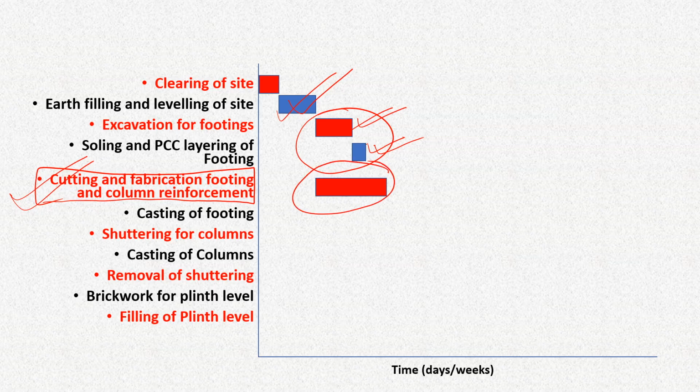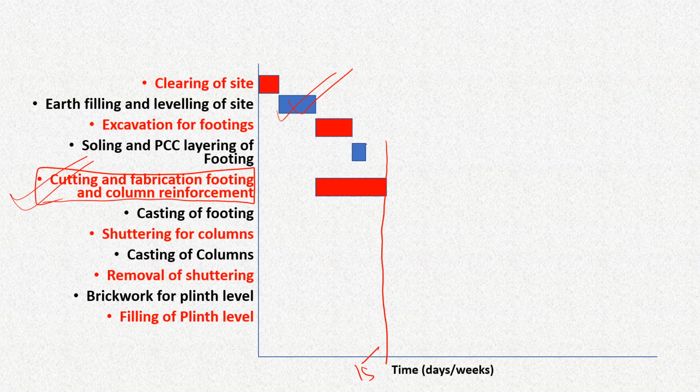Now, how much time all these activities will take will depend on how much resource you deploy. However, let's, for example, in this case, assume that we have completed all these activities on, suppose, the 15th or 17th day or whatever the number be. Now, we can see that since the reinforcement fabrication has taken so much long time, these two activities could have been started 1 or 2 days later than we have started here.